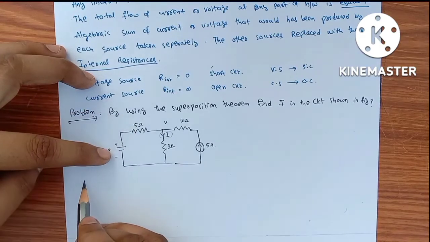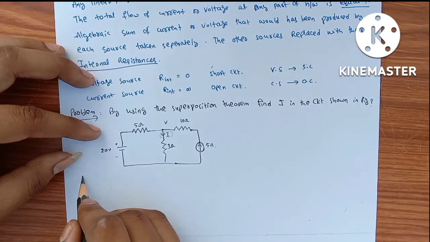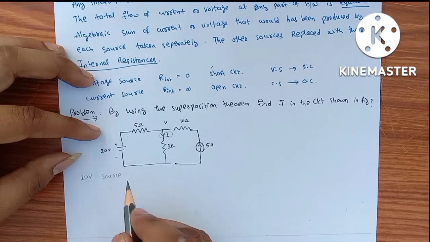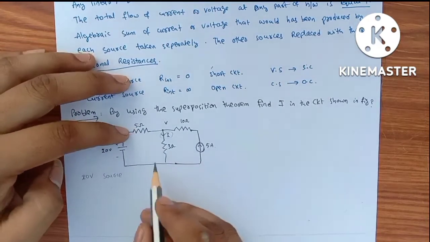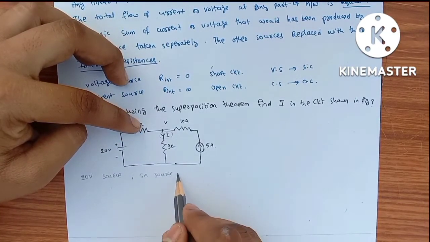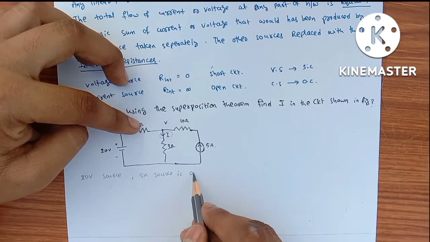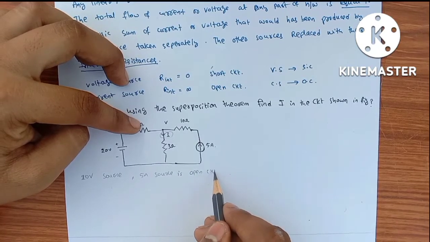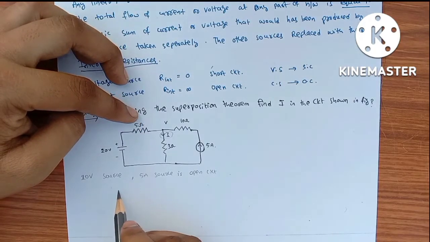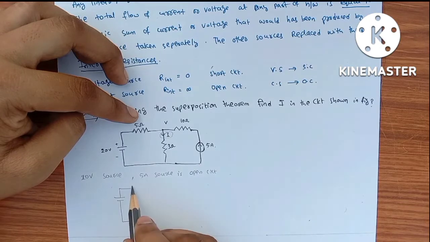First taking the 20 volt source, with the 5 amp source open circuited, the circuit looks like this.